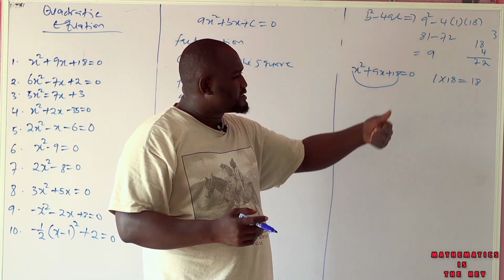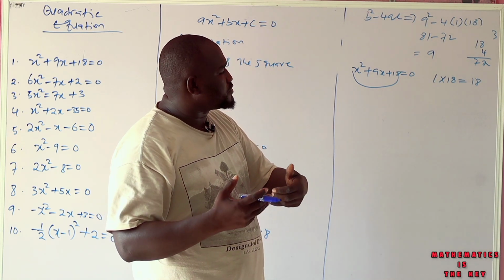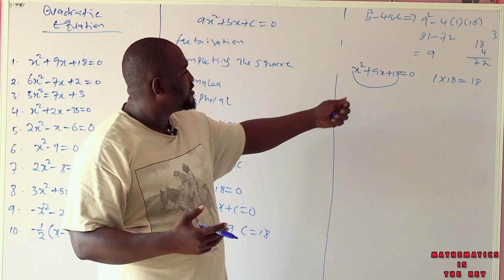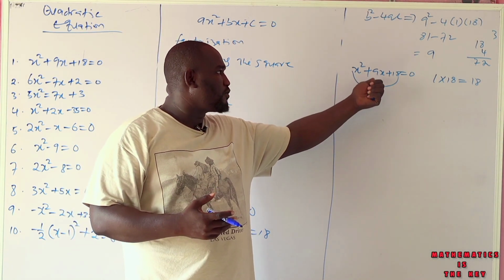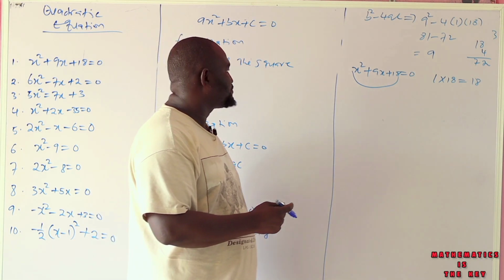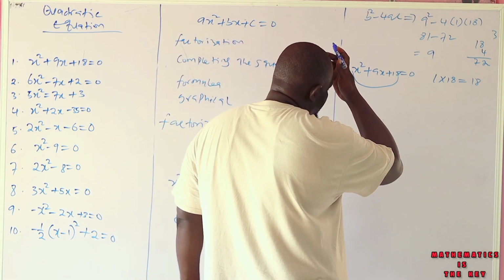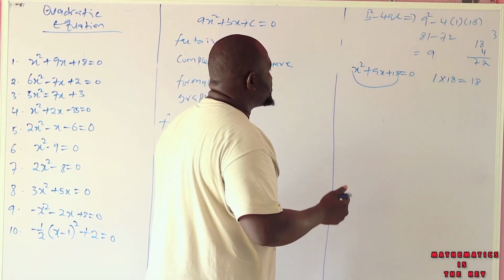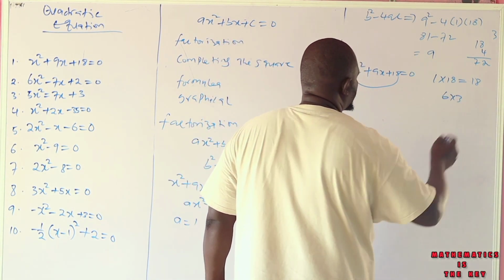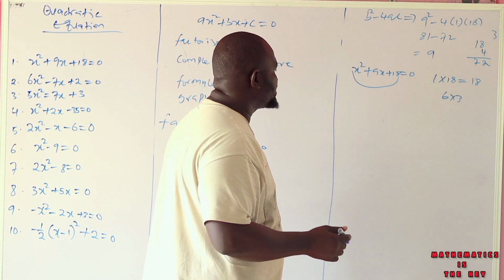Because the product is 18, these two numbers are either both positive or both negative. However, because the sum is also positive, definitely those numbers are positive. So two numbers that multiply to give 18 and add to give 9 are 6 and 3. 6 multiplied by 3 is 18, 6 plus 3 is 9.